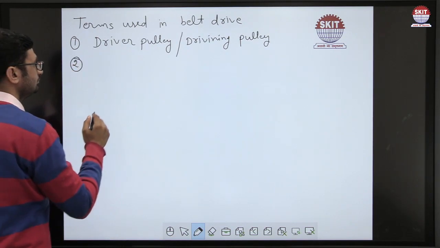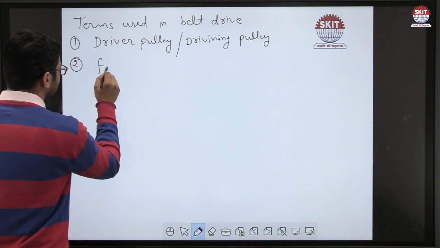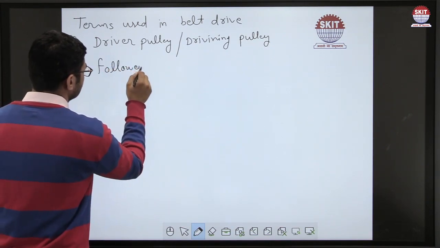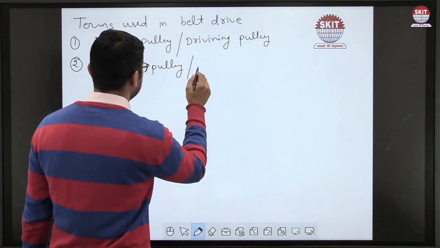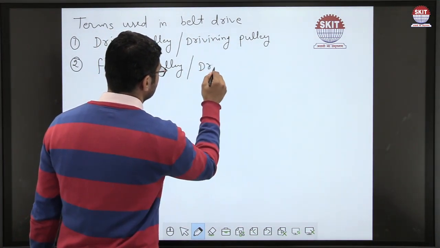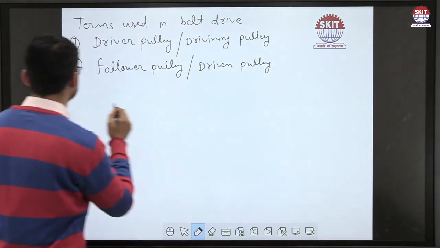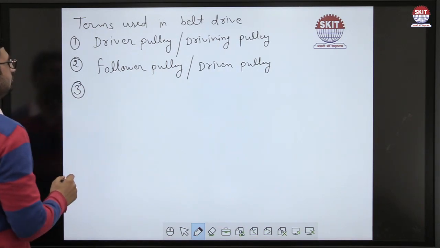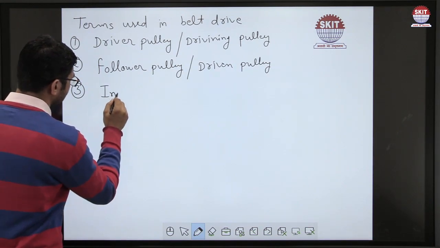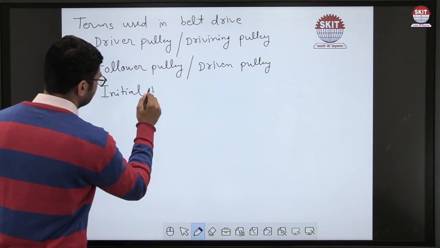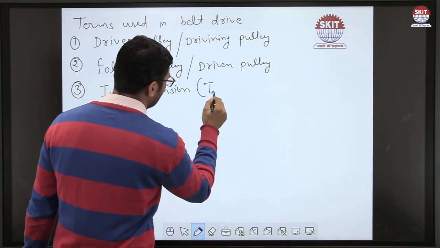Second, follower pulley, which is also known as driven pulley. Third term is initial tension, which is denoted by T0.